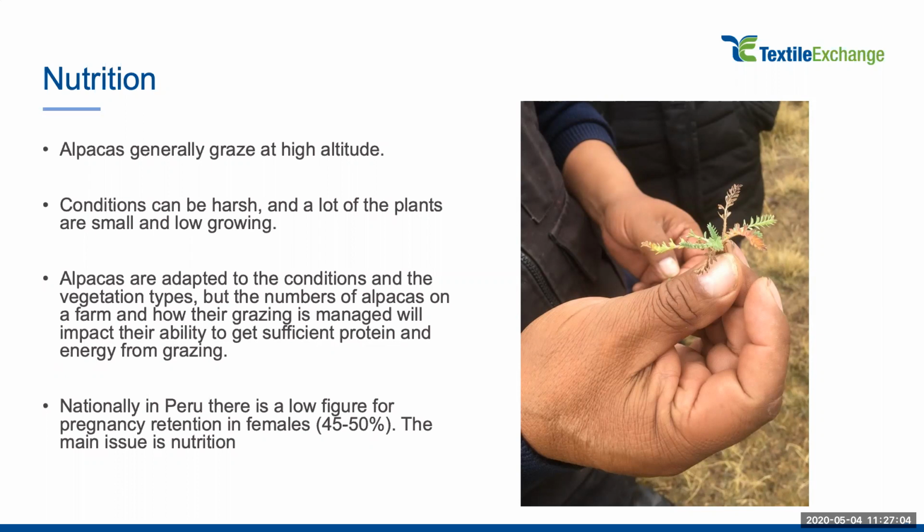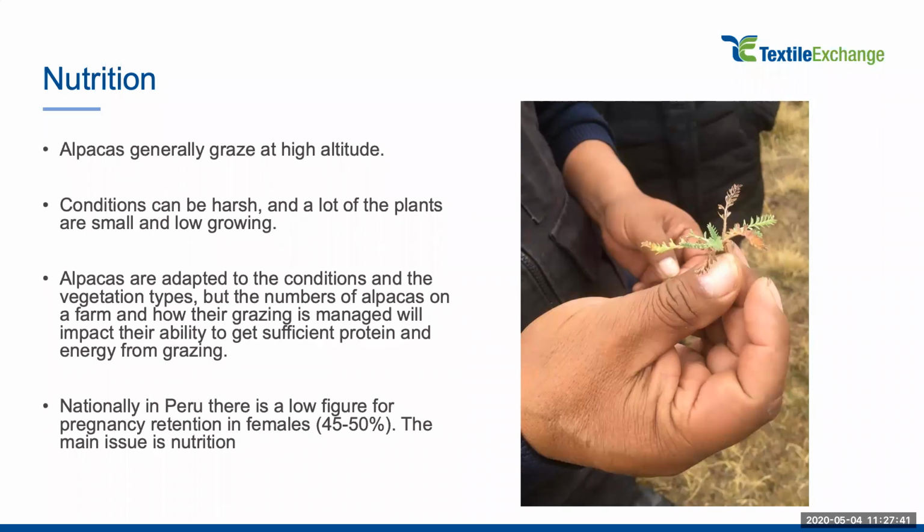And again, as Callie mentioned, alpacas are well adapted to these conditions of high altitude and the native vegetation that is growing there. But we're back to the same situation we have with any farmed livestock: the number of alpacas that an individual farmer keeps and how their grazing is managed over the land area that they have will impact the ability of the animals to get sufficient protein and energy from grazing in their diet.